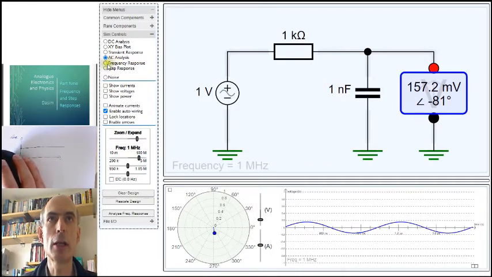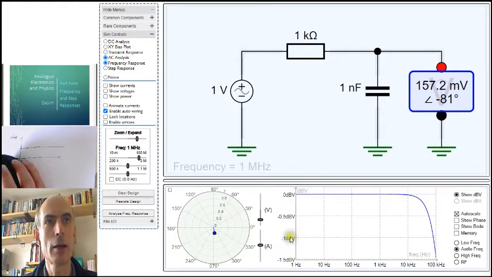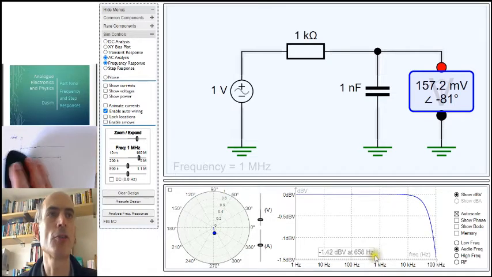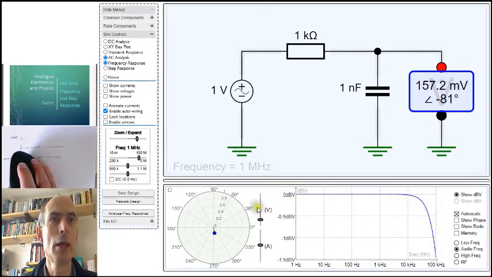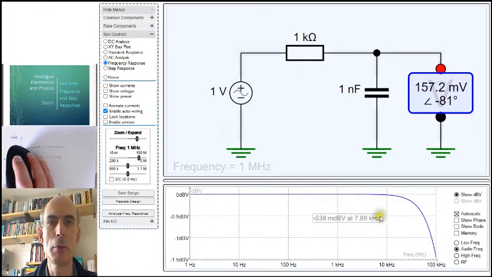You just click on the frequency response simulation and a little graph of amplitude in dBV against log of frequency appears on the screen here. This is a logarithmic scale, note: 1 Hertz, 10 Hertz, 100 Hertz, 1 kilohertz, and so on. If I want to get rid of the phasor diagram here, I just click AC analysis again, and I'm left just with the frequency domain plot here.